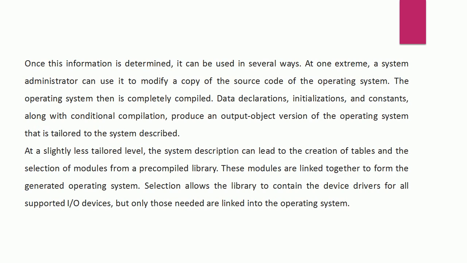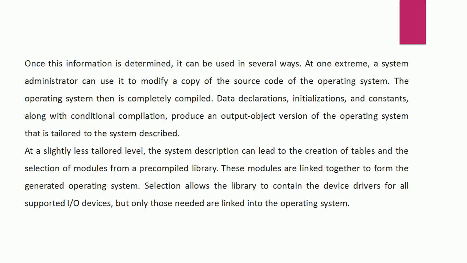Once this information is determined, it can be used in several ways. At one extreme, a system administrator can use it to modify a copy of the source code of the operating system. The operating system is then completely compiled.